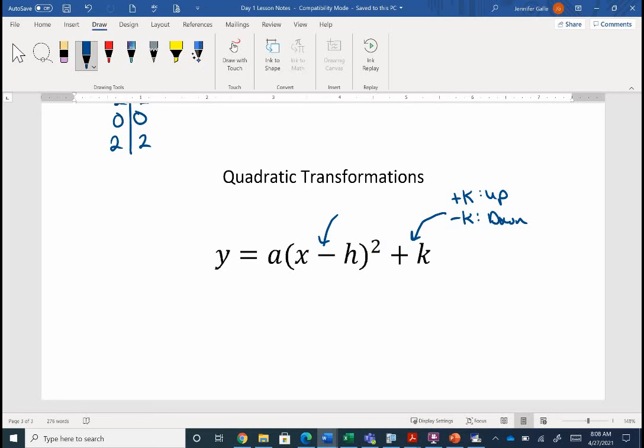So it's the same thing we saw with our exponentials. When we added something in our exponent, it went left. When we subtracted, it went right. So for this piece, maybe I'll put a little brace there. If you have x minus h, it goes to the right.